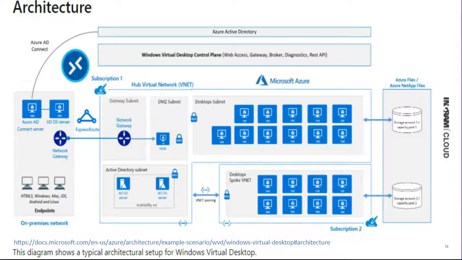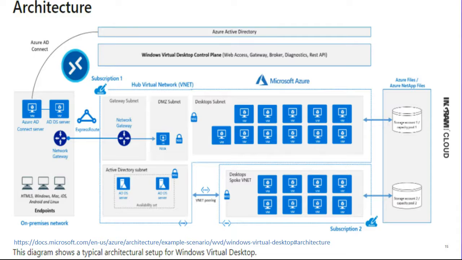This diagram shows a typical architectural setup for an enterprise Windows Virtual Desktop deployment. The application endpoints are in the customer's on-premises network. ExpressRoute extends the on-prem network to the Azure Cloud, and Azure AD Connect integrates the customer's Active Directory domain services with Azure Active Directory. The Windows Virtual Desktop control plane handles the web access, gateway, broker, diagnostics, and extensibility components like REST APIs.